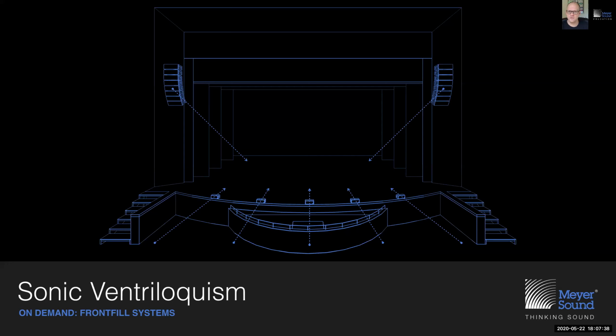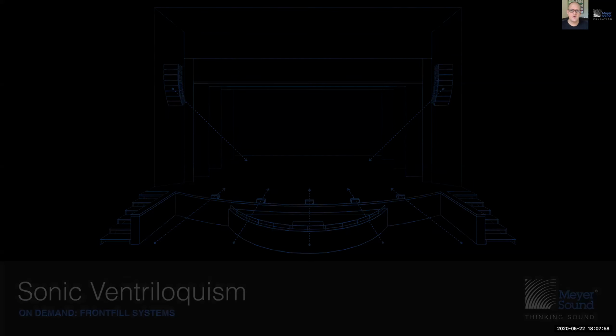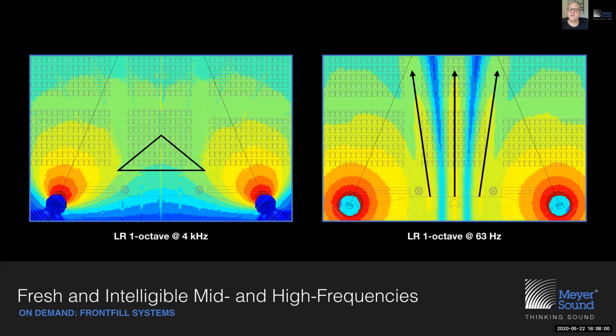In most venues, the first couple of rows are the most expensive seats in the house. So those Frontfills loudspeakers really serve a purpose for that part of the audience in terms of localization, but also in terms of adding fresh and intelligible mid and high frequencies, as we're about to discover. Because in a conventional left-right system, there is this typical area where you're in the center of the house, as you can see on the left side of this slide.